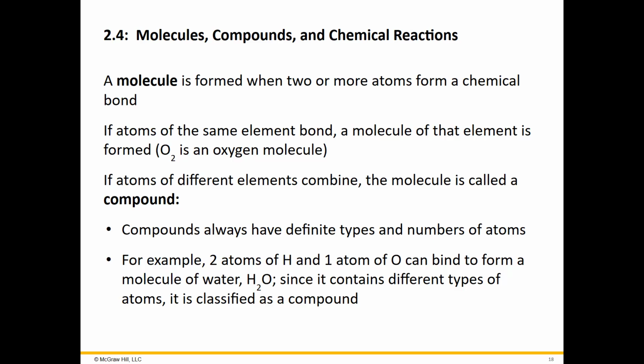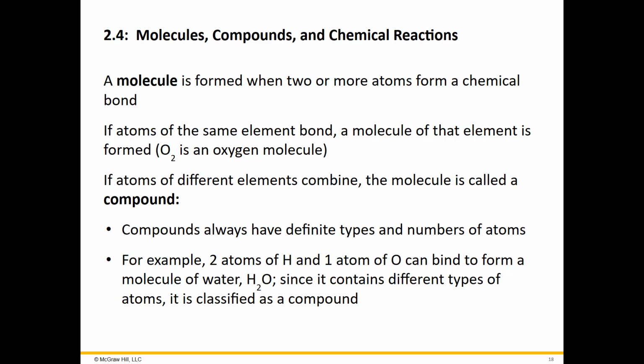Because it's the same element, we just call it a molecule. Yeah? If the molecule we're looking at has different elements in it, we call it a compound. Again, if I have O2, it's 2 oxygen. That's the same element. It's just a molecule. If I have water, well, now we have a molecule still because it's different atoms bonded together, but we have hydrogen and oxygen. Well, those are different things. So we call it a compound molecule, okay? So if 2 atoms of hydrogen form a non-polar covalent bond, we call it a molecule.